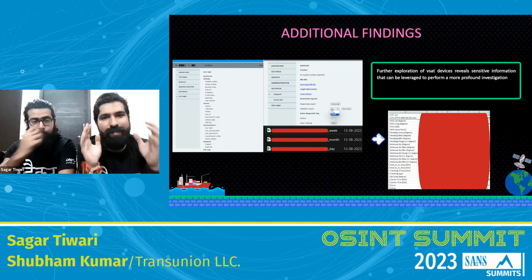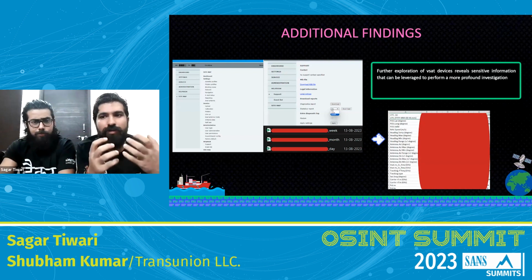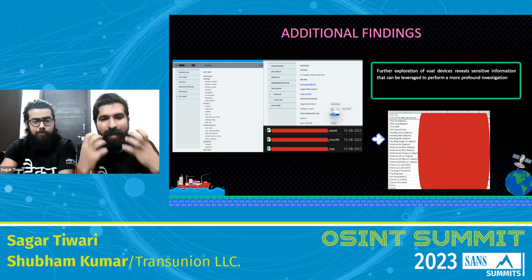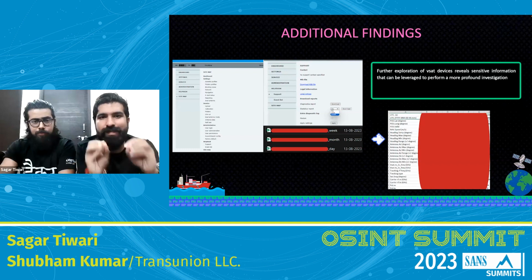As we have discussed in case study 1, extraction phase, getting onto the console of the VSAT itself, like the ship's VSAT console, reveals a plethora of information out in the open. As you can see in front of you, there is a site map.